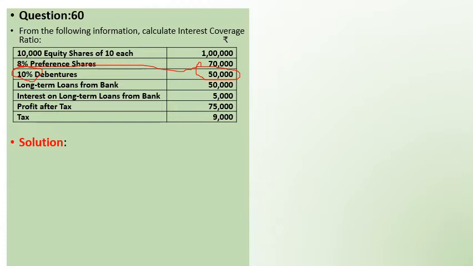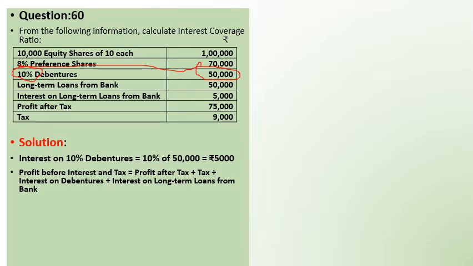So interest on 10% debenture is equal to 10% of 50,000 rupees, which comes 5,000, and therefore profit before interest and tax equals profit after tax plus tax plus interest on debenture plus interest on long term loan from bank, which comes your 94,000.